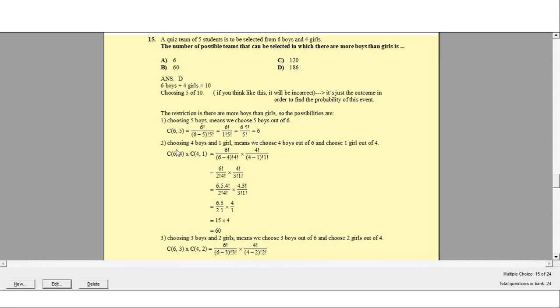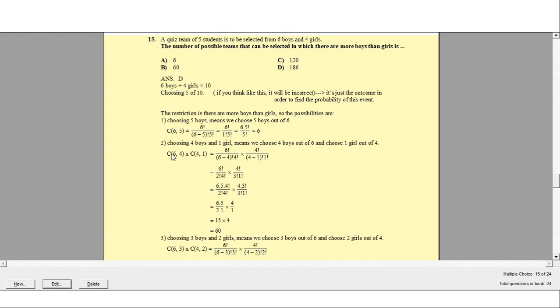And the second possibility, of course, is choosing 4 boys and 1 girl. Remember, boys should be more than girls. So 4 boys, 1 girl. Still 5, right? Because we select 5. It means we choose 4 boys out of 6 and choose 1 girl out of 4.